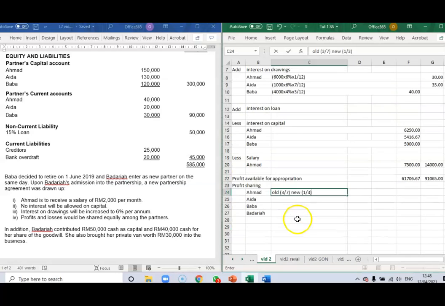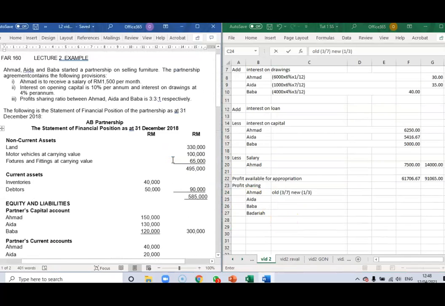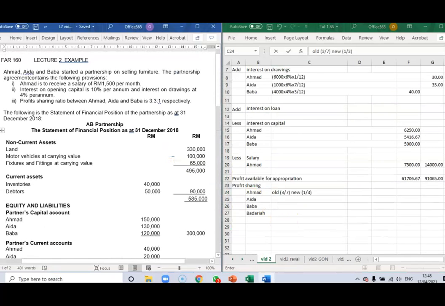Then Ida is the same as Ahmad. But Baba only uses the old one, 1/7.